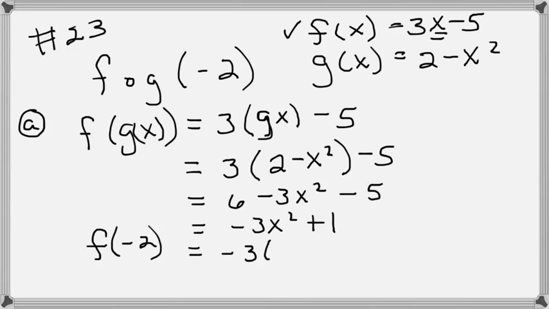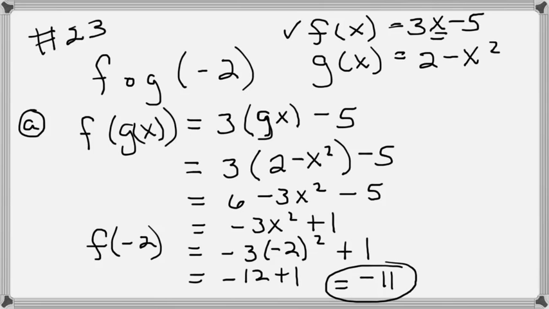So we'll put in negative 2 in the place of the x, plus 1. And so follow order of operations. Negative 2 squared is 4. Negative 3 times 4 is negative 12 plus 1. And that will give us a value of negative 11.